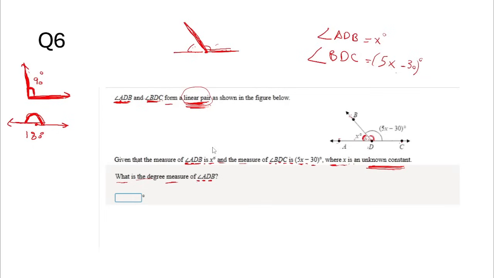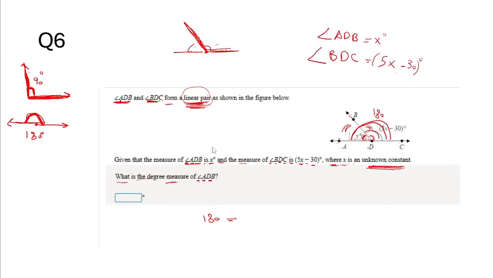So to solve this question, I have this angle and another angle, and a bigger angle, which is 180. That means 180, the bigger angle, is equal to this angle plus this angle.